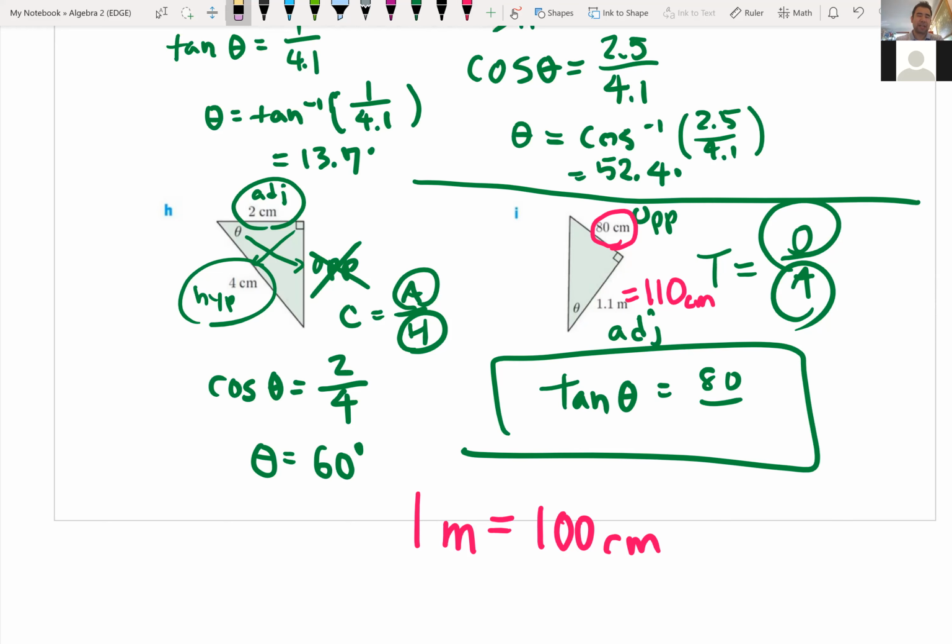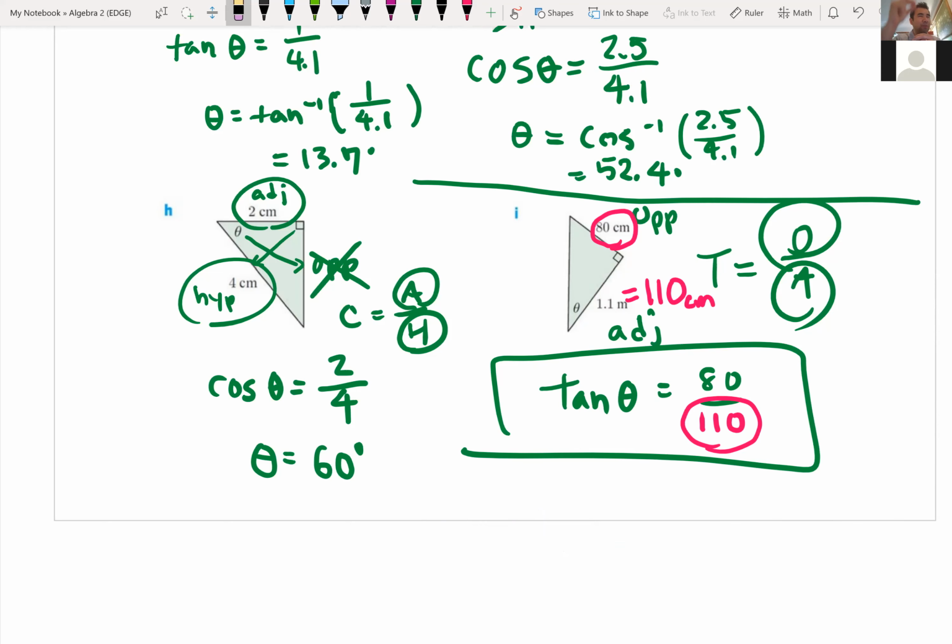So we could change that into 80 over 110. Will you guys fix that? It's not 89.2. So again, instead of 1.1, let's use 110 centimeters.